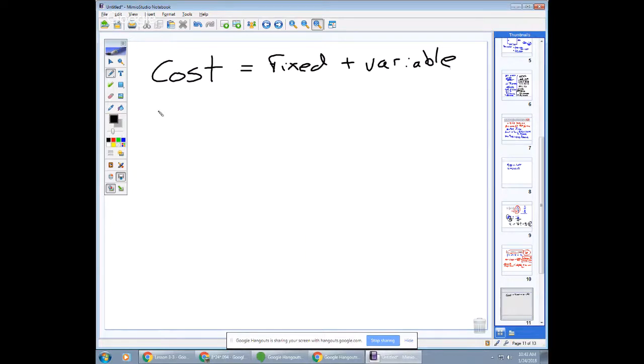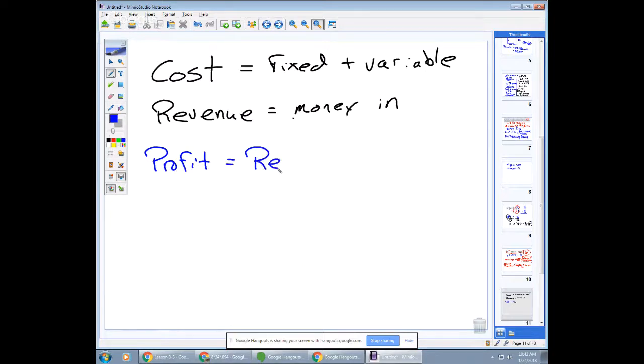And then you sell stuff, so you end up with revenue. That means you take money in. Now, technically, you don't get to keep all the money you took in because you have to pay your expenses, your costs. So then we got another idea called profit, which is your revenue, the money you took in, minus your cost. And so that's ultimately what we care about here is the revenue minus the cost.